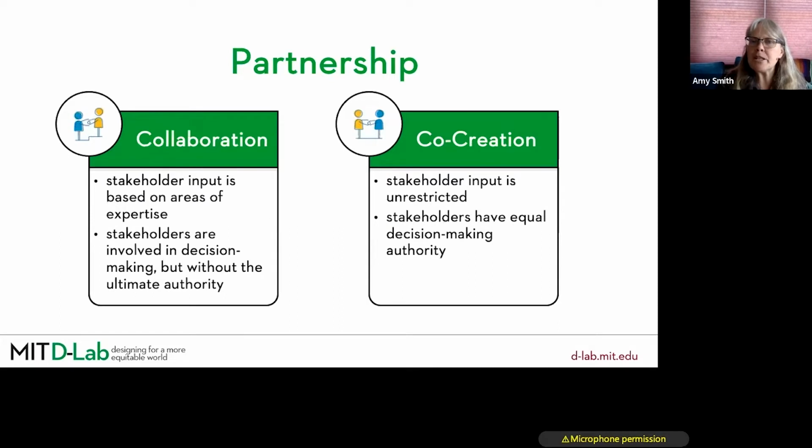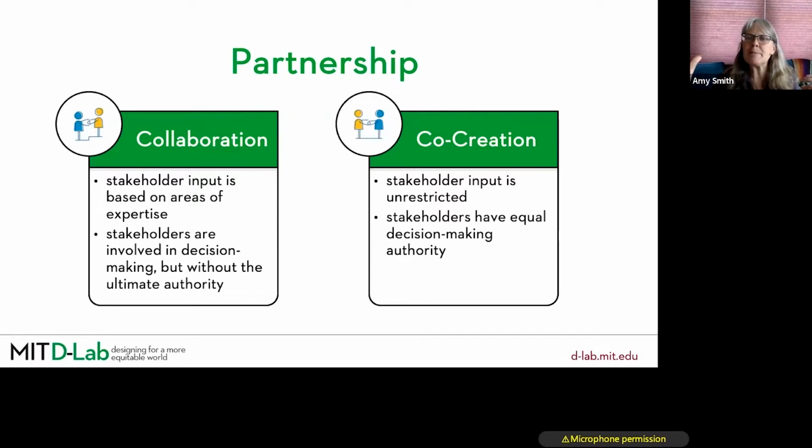So what we're going to be talking about is co-creation. And one of the things about those three paradigms of design for, design with, and design by is that by far the most challenging of those is design with, this idea of co-creation.